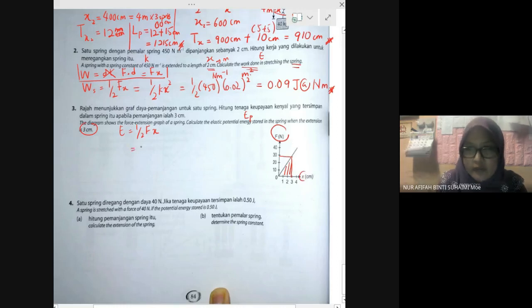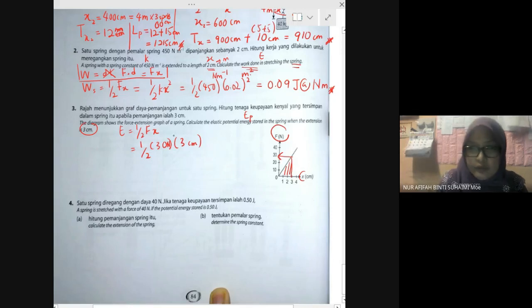F is 30 and x is 3 cm. Now follow the equation: 3 cm is 30 Newton.